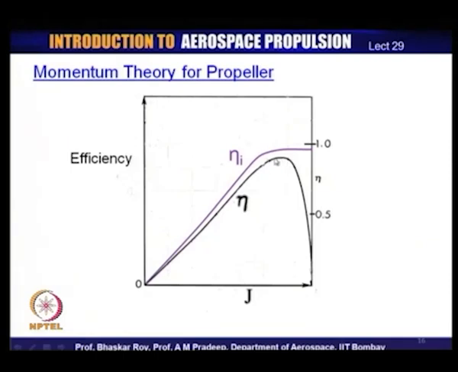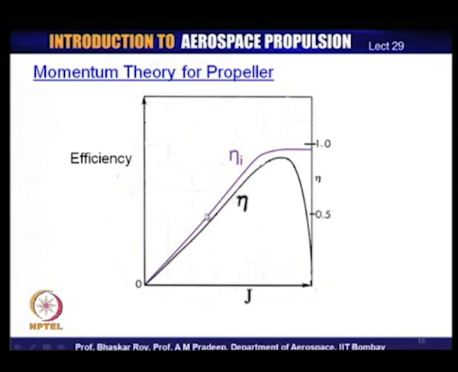And somewhere out there we may have a cruise point where the aircraft is likely to cruise. On the other hand, the efficiency estimation through the momentum theory tells us that the efficiency would go along this line, the violet line, and then it would reach a maxima over here, and it will not fall anymore.